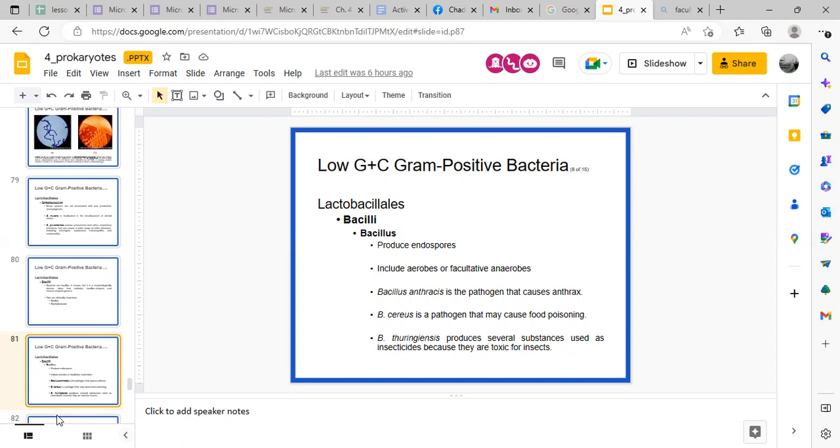So these produce endospores. They include aerobes and facultative anaerobes. Another one is a biological agent, a biological weapon when you produce anthrax. Anthrax is very deadly, through contact with the skin.